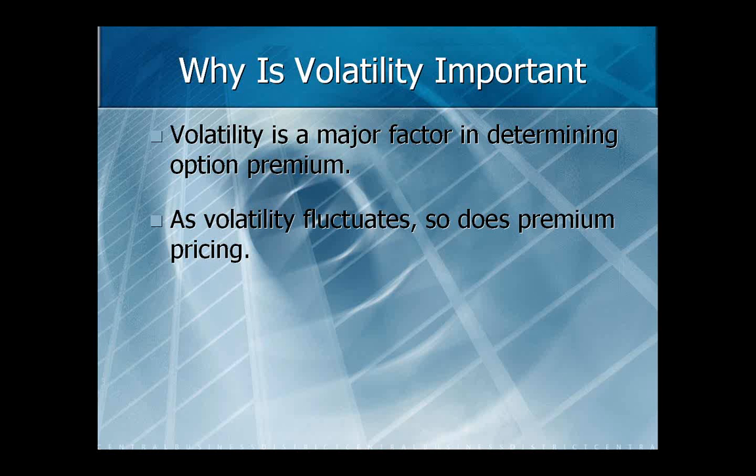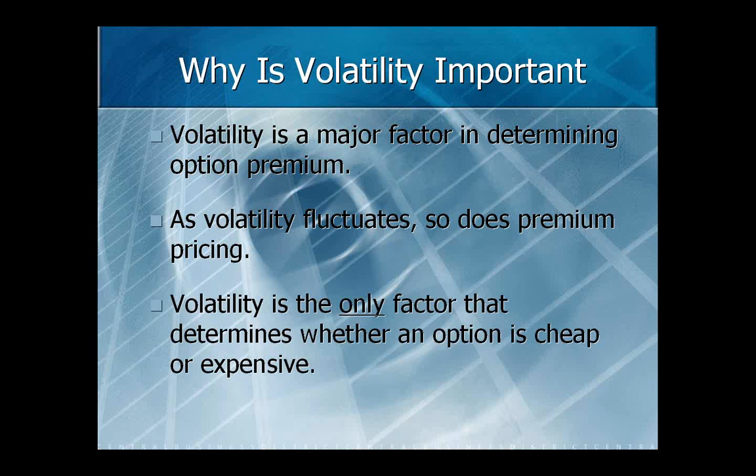It was all due to the implied volatility moving up leading up to that earnings report coming out. And the implied volatility is the only factor that determines whether an option is cheap or expensive.